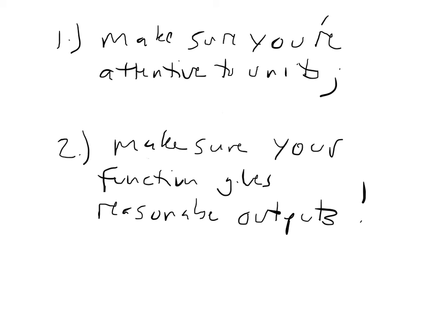So, some hints as you're doing these problems in 4.7. Number one, make sure you're tending to units. If you've got a problem and you're given meters and centimeters, you've got to make sure whatever formula you're coming up with is either in terms of all meters or all centimeters. Second thing you want to make sure you're doing is, once you've gotten your answer, make sure that your function gives you sensible outputs. You might want to try it out and make certain that the results coming out seem reasonable.